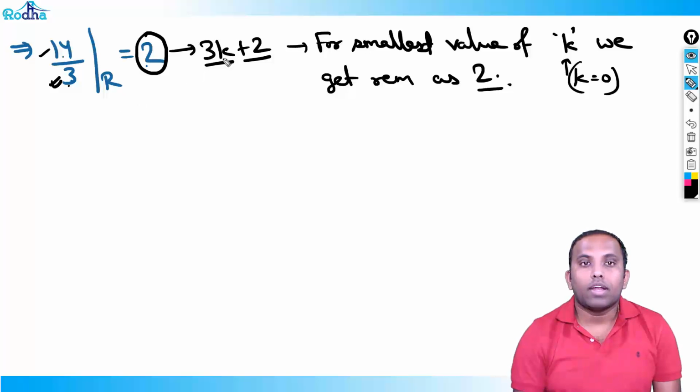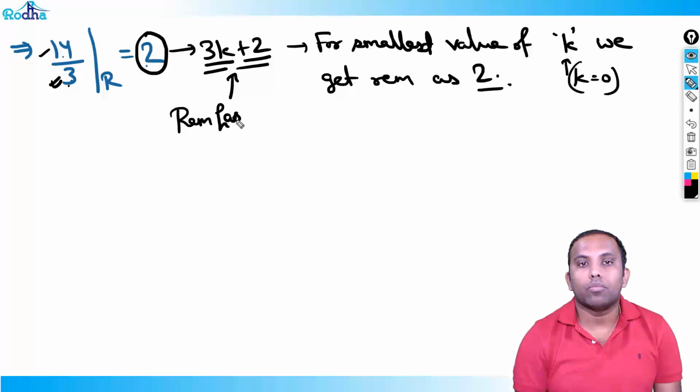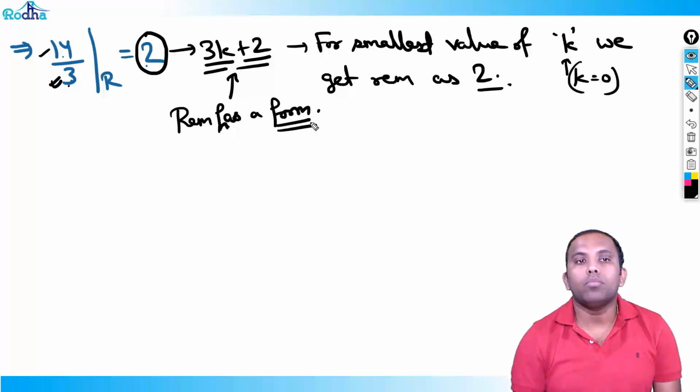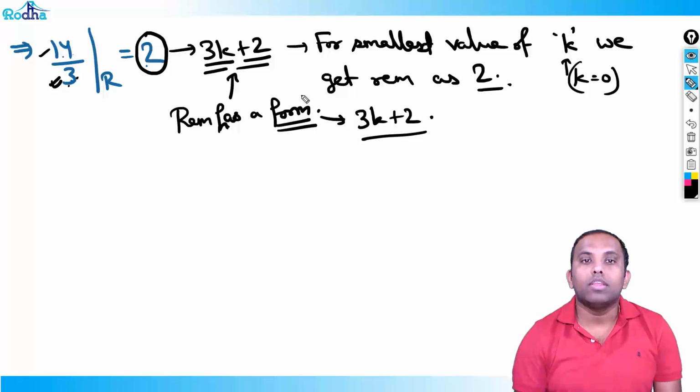Now understand this: the remainder has a form. Listen carefully to every line. The remainder has the same form as the number. A number when divided by 3 with remainder 2 is of the form 3k plus 2, and the smallest value of k will give the remainder 2.